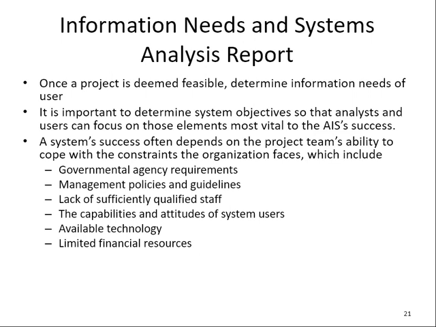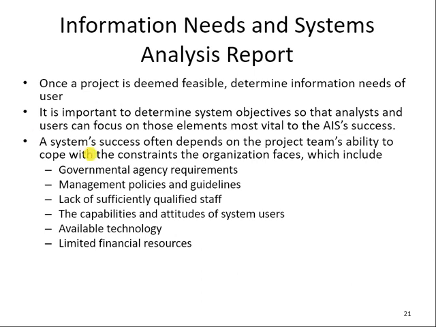So once the project is deemed feasible, we're going to determine information needs of users. It's important to determine the system objectives so that analysts and the users can focus on those elements most vital to the AIS success.